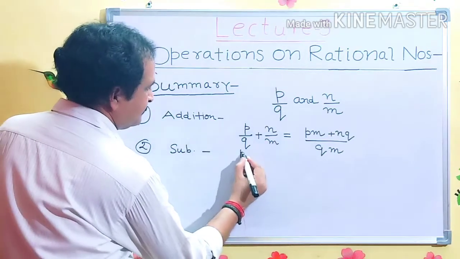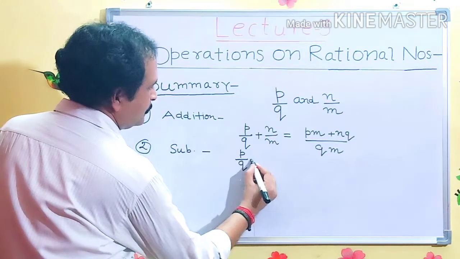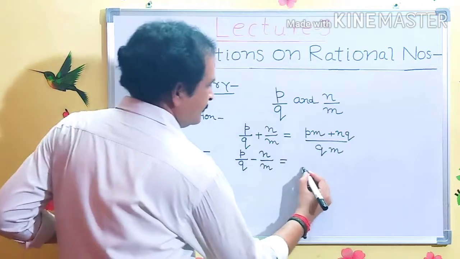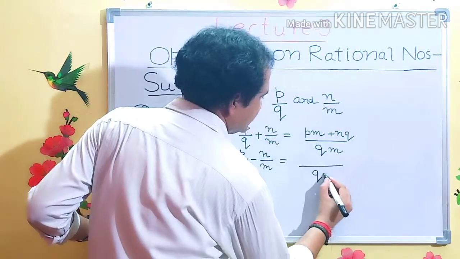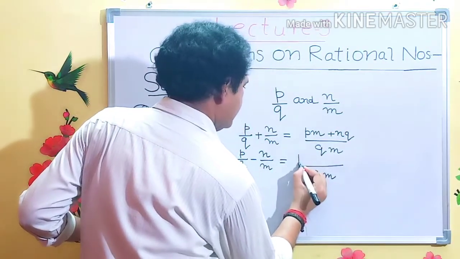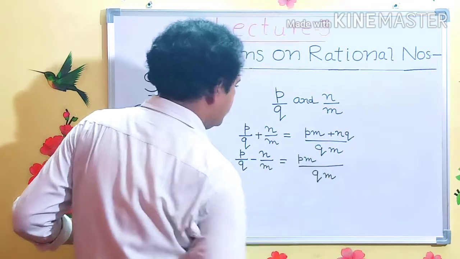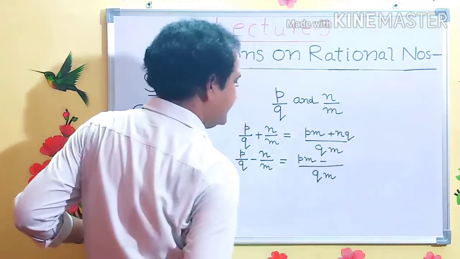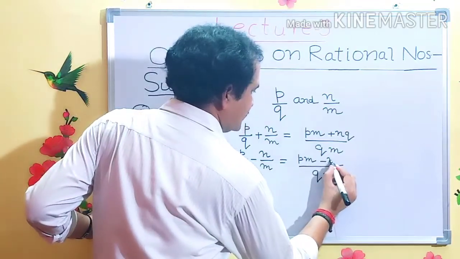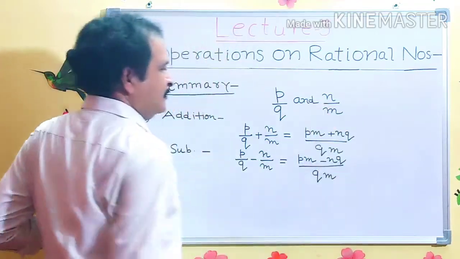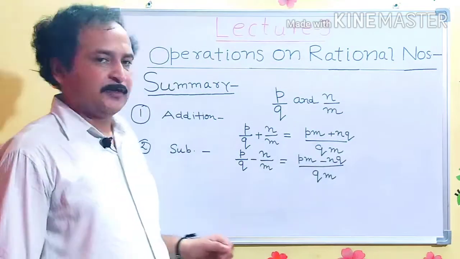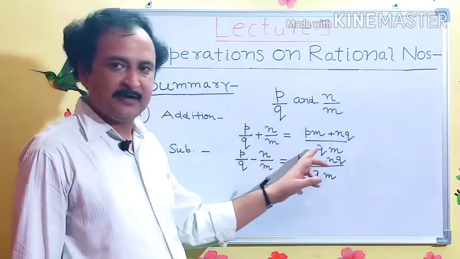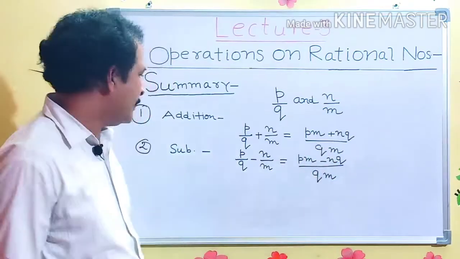Subtraction: p upon q minus n upon m. LCM is qm. pm is the numerator of the equivalent rational number of the first rational number and nq is the numerator of the equivalent rational number of the second rational number, and the result is pm minus nq upon qm.